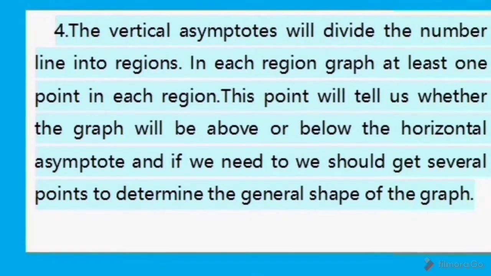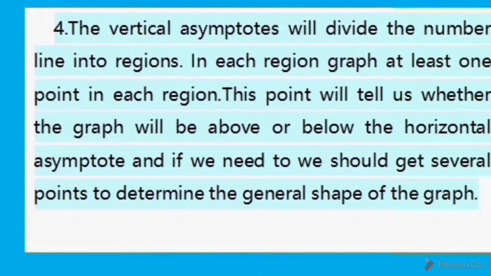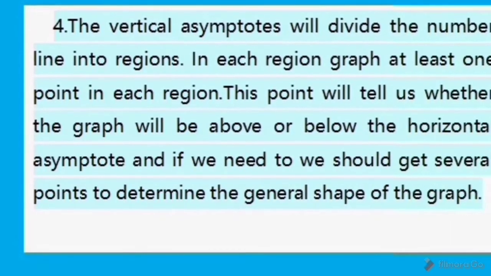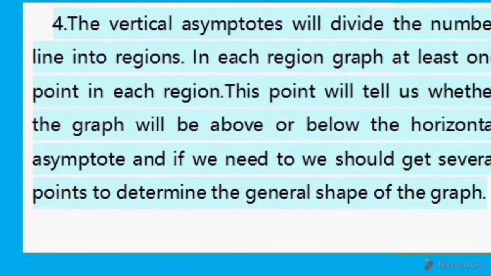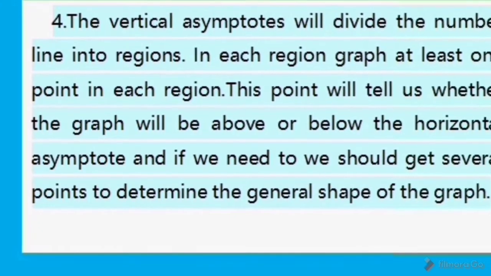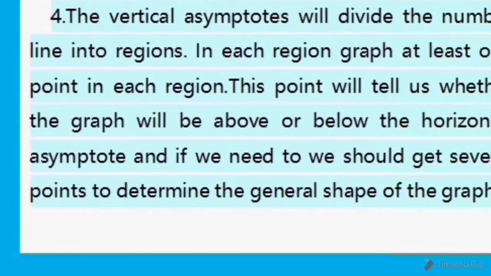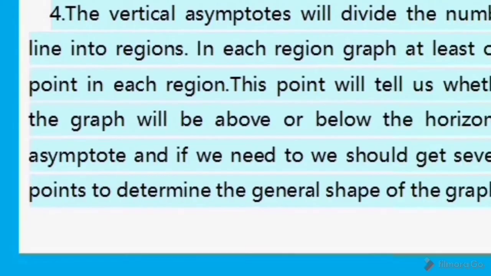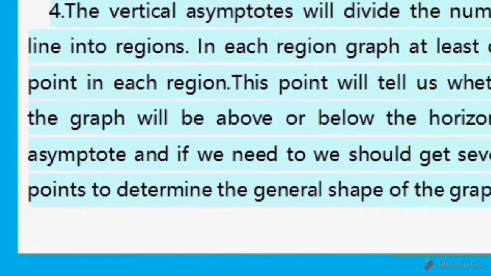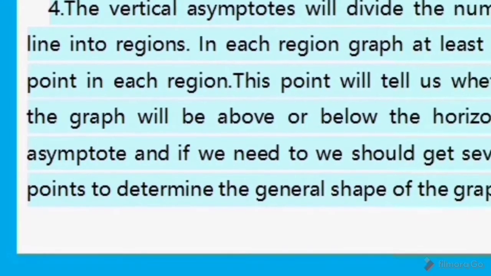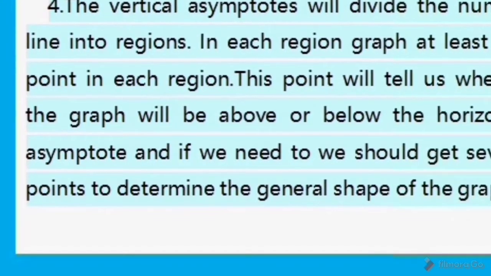The vertical asymptotes will divide the number line into regions. In each region, graph at least one point. This point will tell us whether the graph will be above or below the horizontal asymptote. And if we need to, we should get several points to determine the general shape of the graph.